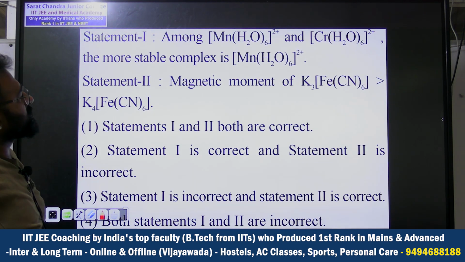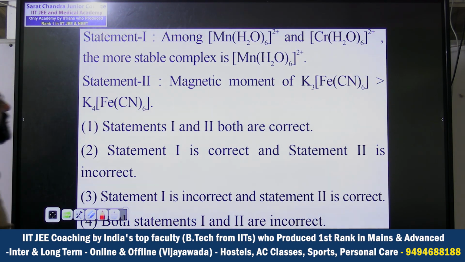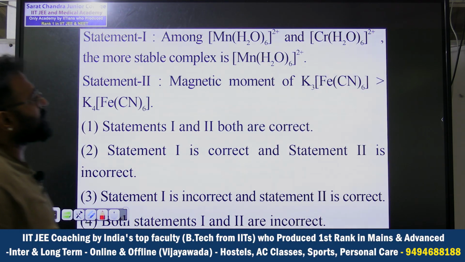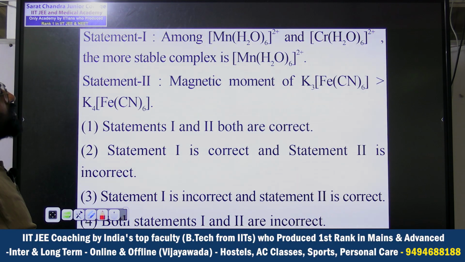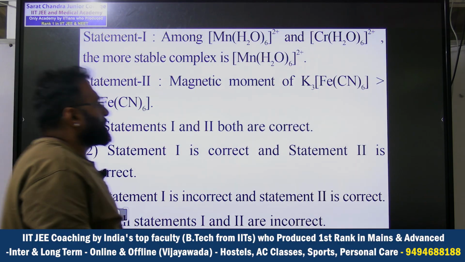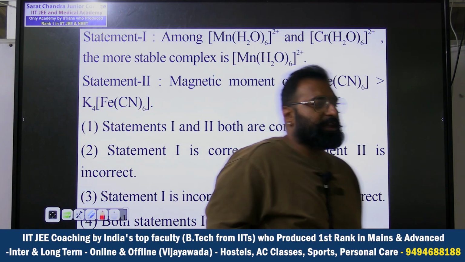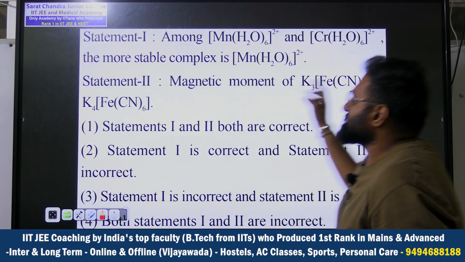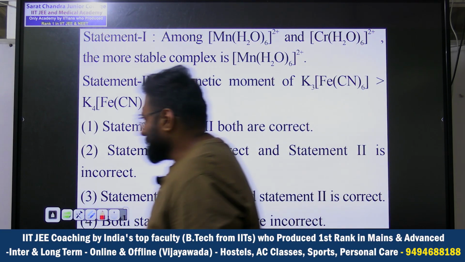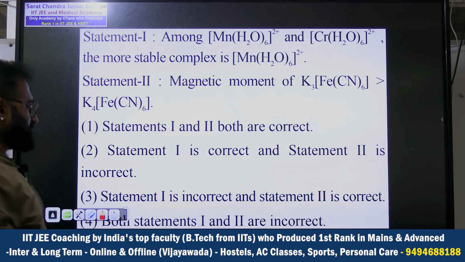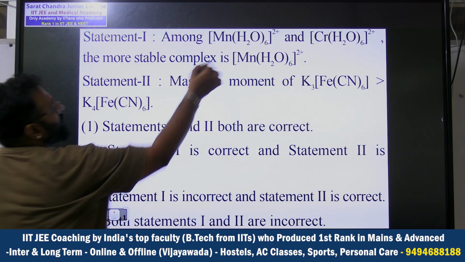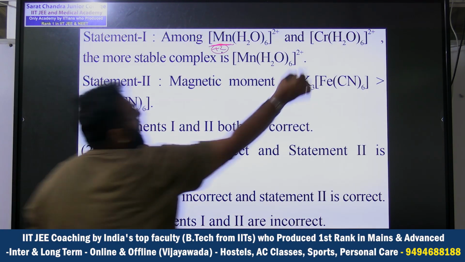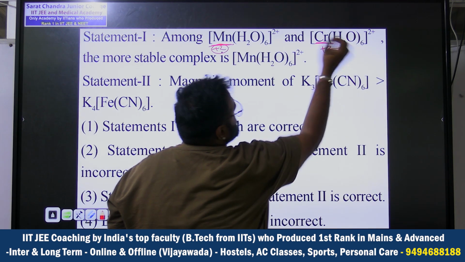Now next question. Among Mn(H2O)6 2+ and Cr(H2O)6 2+, more stable complex is Mn(H2O)6 2+. Magnetic moment of K3Fe(CN)6 and K4Fe(CN)6. Let us analyze. Here Mn is in +2 oxidation state and chromium is also in +2 oxidation state.